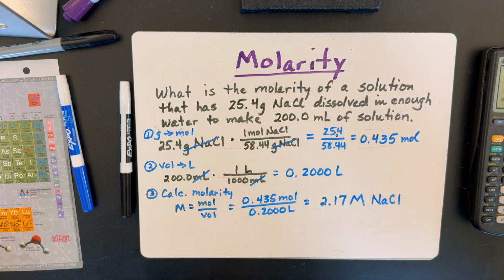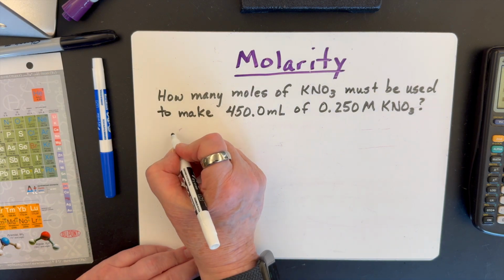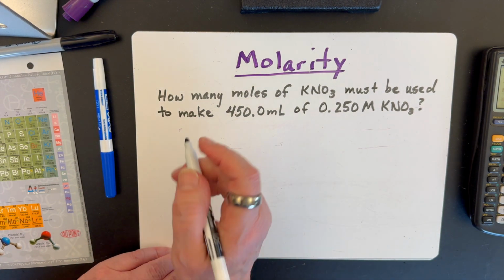Let's try another problem, and this time let's be given molarity and let's solve for moles. So in this problem it's asking how many moles of KNO3, that's our solute, must be used to make 450 milliliters of a 0.250 molar solution of KNO3. We know that our volume needs to be in liters.